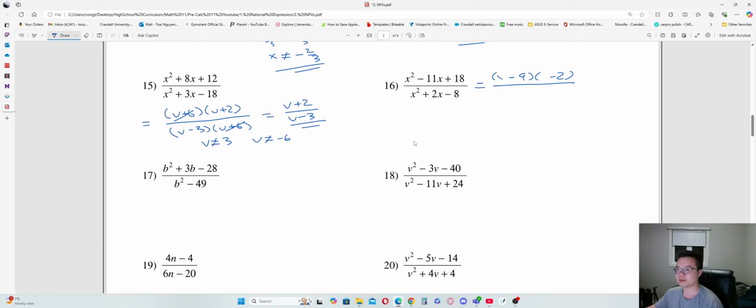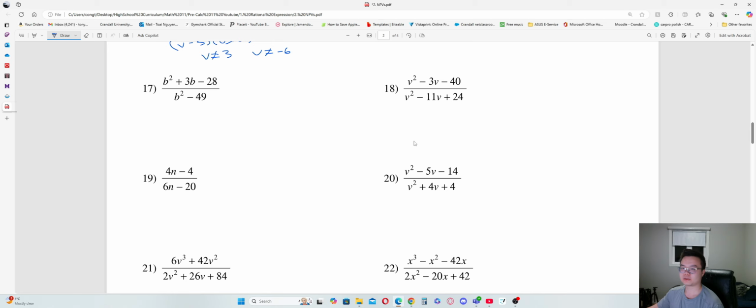So this one they give me x, and this will give me x, 4 and 2, so I will have x minus 2 and then x plus 4. So minus 2, they cancel out. I will have x minus 9 over x plus 4. My NPVs will be x not equal to 2 and x not equal to negative 4.